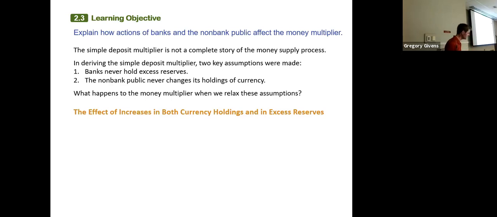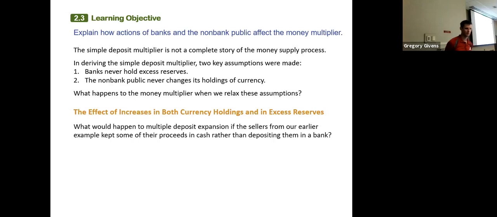What would happen, do you think, to the money multiplier process, to this process of multiple loan deposit creation in that case? If instead of redepositing all of those funds back into the banking system, we actually kept a portion of them in the form of currency, how would that affect multiple deposit expansion? Would it go up or go down, you think?